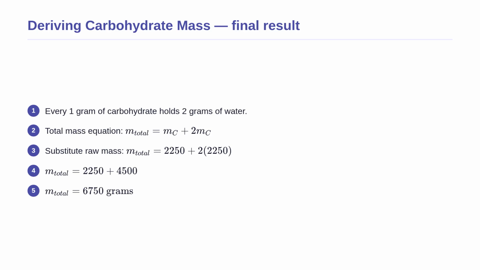We substitute our raw mass of 2,250 grams into the equation, adding 4,500 grams of water. The total mass required to store the energy as carbohydrates is 6,750 grams. This physically proves why animals evolved to use triacylglycerols. If we stored all our energy as carbohydrates, we would be nearly 7 times heavier and struggle to move efficiently.